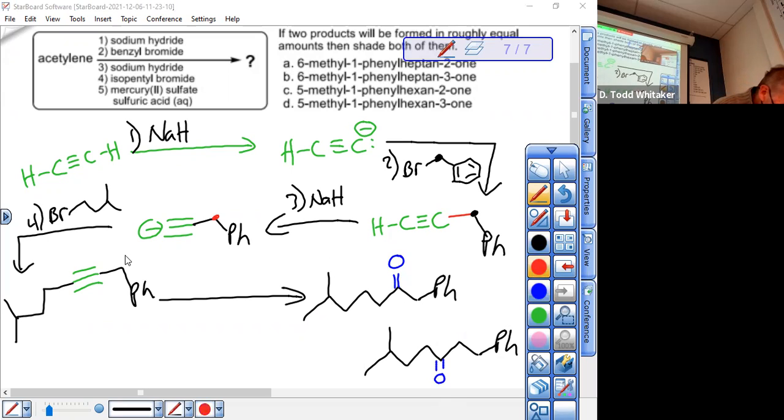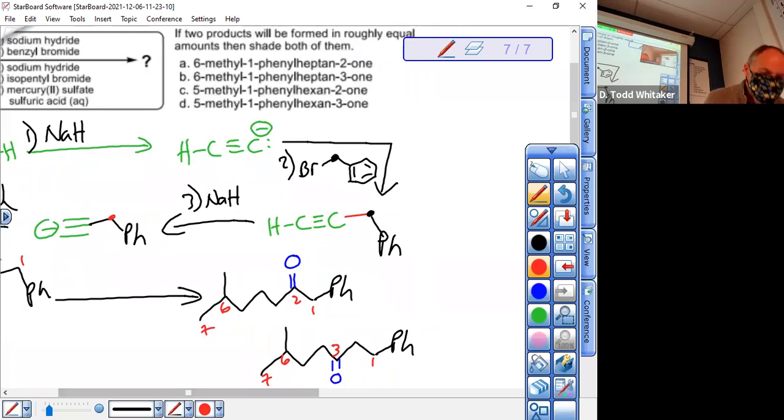Not sure about the numbering? There you go. 4, 5, 6, 7. So get rid of all the answers that have hexanone in them. Not enough carbons there. Those answers were put there for the students who thought benzyl and phenyl were the same thing.